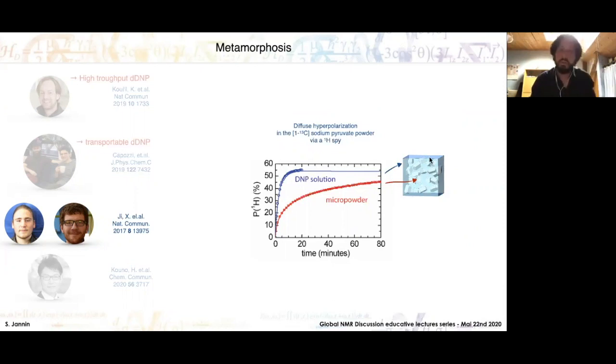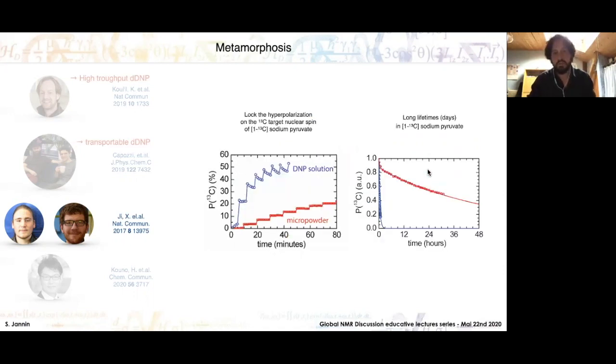If you do DNP on the solution, you get a fast polarization buildup. But if you add the powder, you see that the polarization takes more time to get in the powder by proton spin diffusion. And after a few minutes or hour, you get your particles polarized.